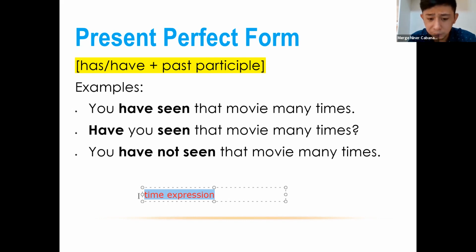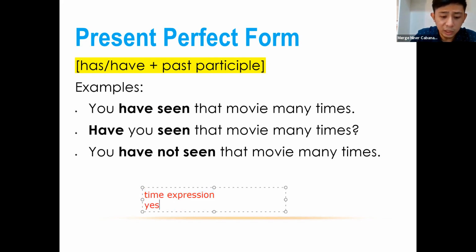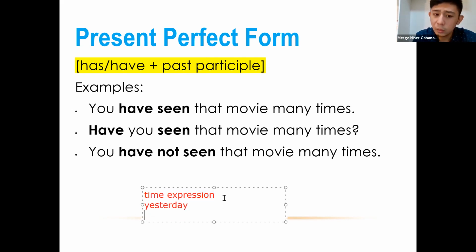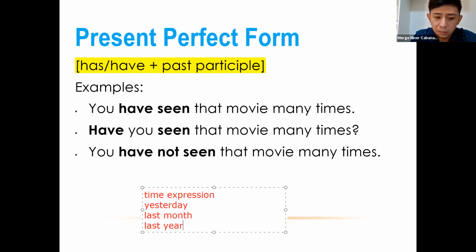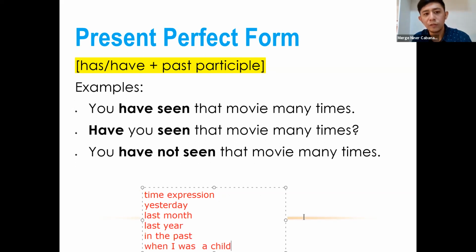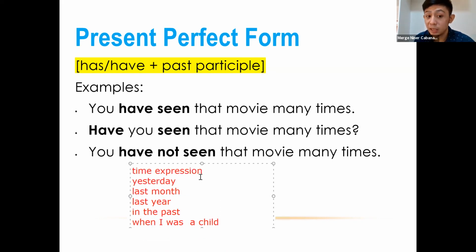So when you say time expression, words like yesterday, okay, last month, last year, in the past, when I was a child, all of these words, okay, must be avoided, because if you're going to use a time expression, your present perfect form is no longer necessary, but your simple past form is. So this is very simple, okay?